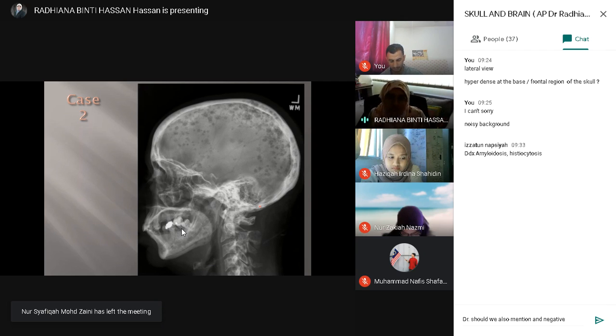So now it's just to brush up how to describe the findings better. But sometimes I'm not sure whether it's the COVID things or so, it seems that you all are a bit lacking in terms of exposure, looking at images.